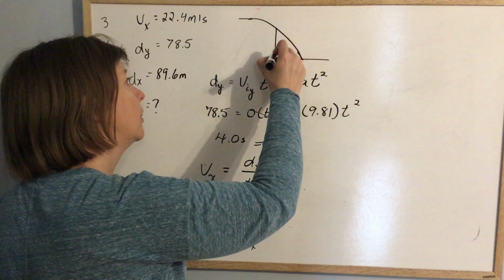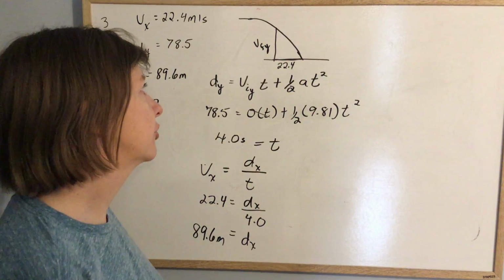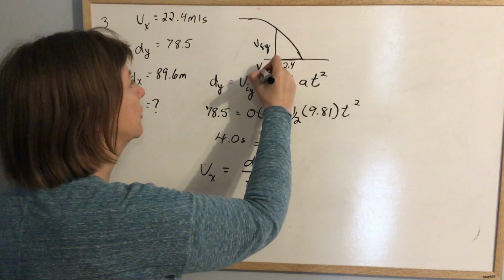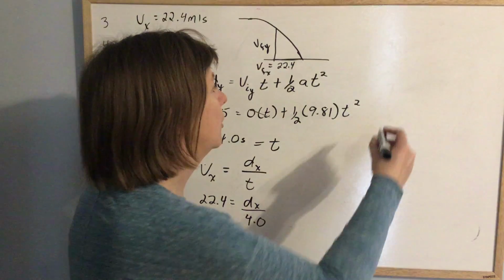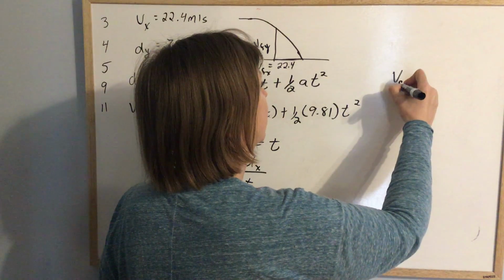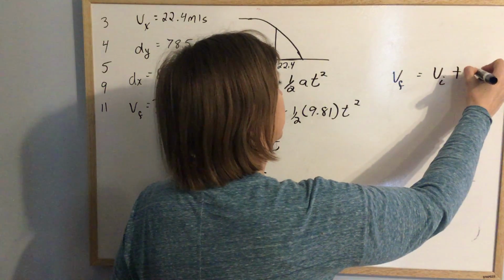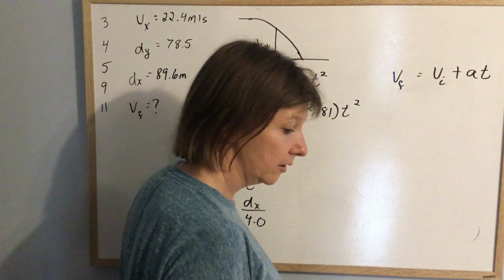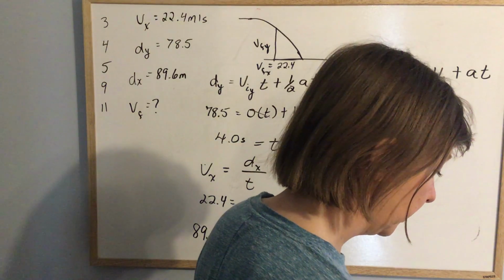What I don't know is her final velocity in the y direction. I know the x direction, but I don't know the y direction. But I do know a formula that says final velocity is equal to initial velocity plus acceleration times time.